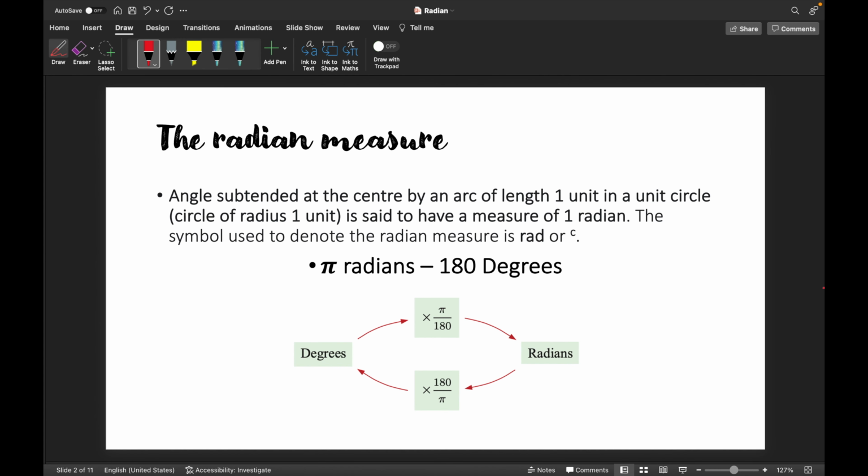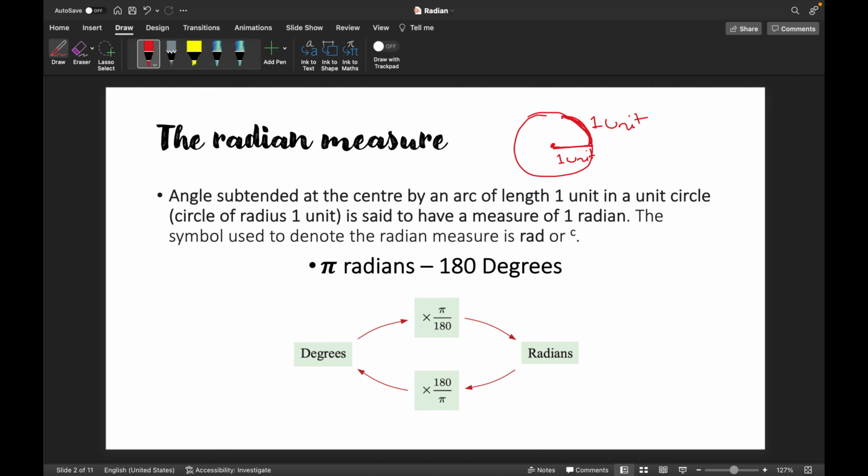Okay, so if this is a circle, it's gonna have a radius, let's say 1 unit, and then the length of the arc will also be 1 unit.